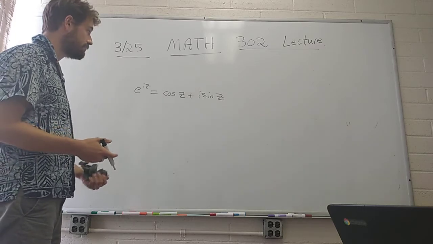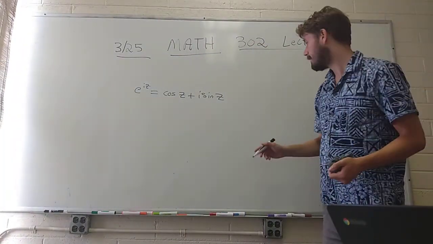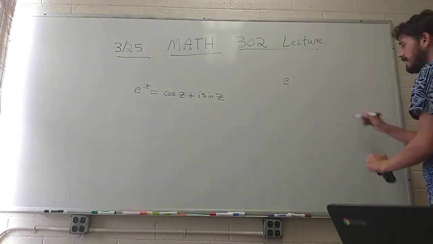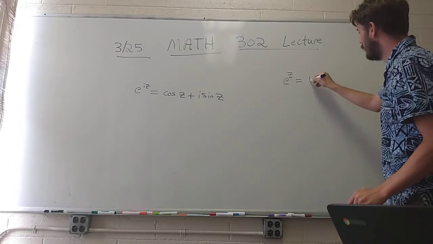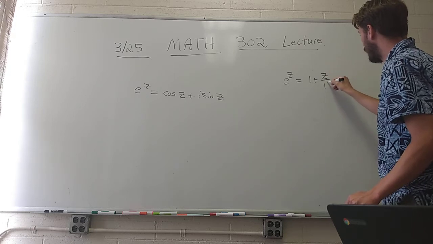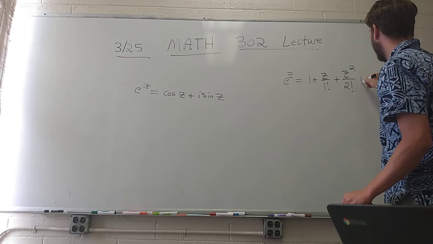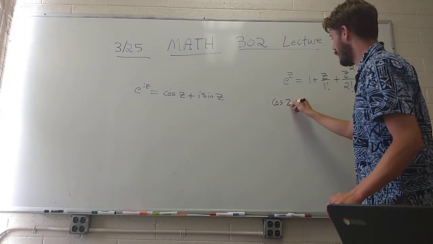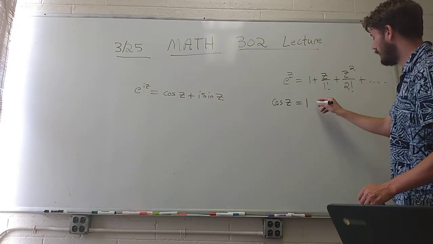So it's actually possible to find cosine, sine, and e to a complex number by series. e to the z is defined as 1 plus z over 1 factorial plus z squared over 2 factorial, etc. Cosine z is defined by its own series.